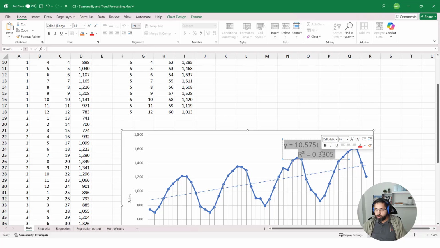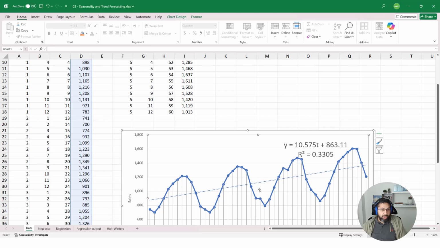And you can see we don't get a very high R-square value. R-square is even below 0.5. So 0.33 means only 1/3 of the variability in the data is being explained by the trend, and 2/3 of the variability we're not explaining. That's because there's seasonality, and our model is too simple.